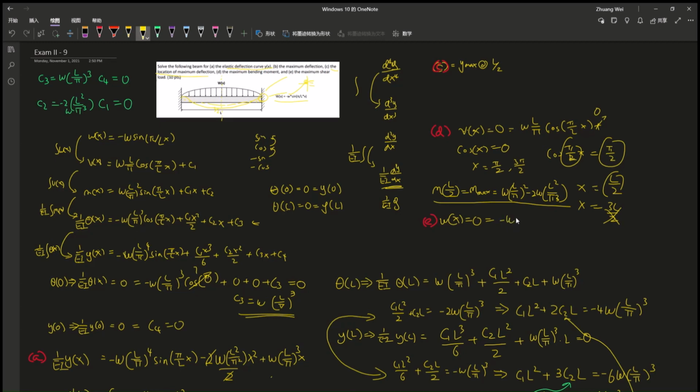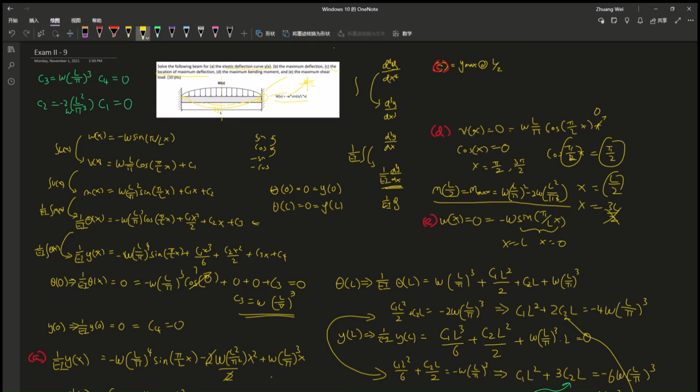It's negative W L over pi sine of pi over L x, right? So now you ask yourself, okay, how do I make sine of pi over L x equal to 0? Well, when sine equals 0, it's either going to equal 0 or pi, right? So x has to be equal to L, or x has to be equal to 0, right? Pretty straightforward. It's the left and right.